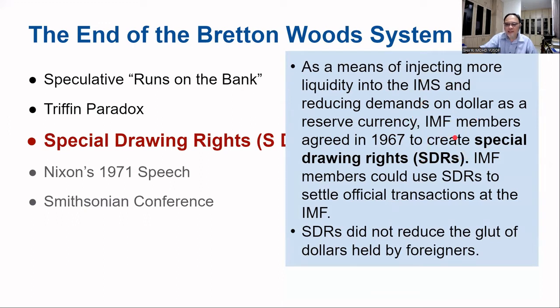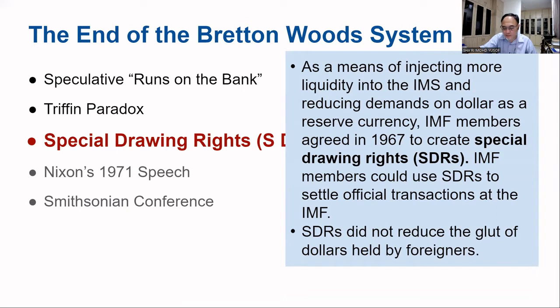The IMF members agreed to create the special drawing rights, which are used to settle official transactions at the IMF. And these SDRs are sometimes called paper gold. Okay, paper gold.